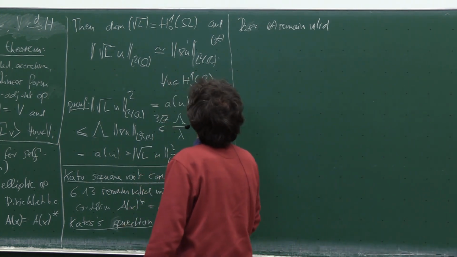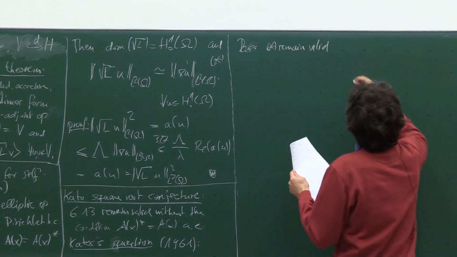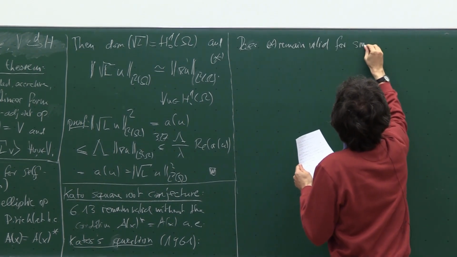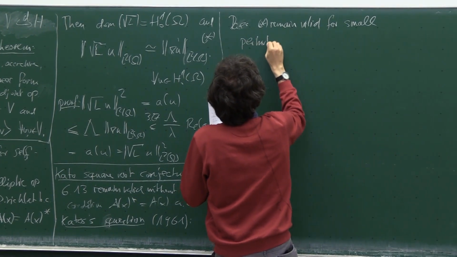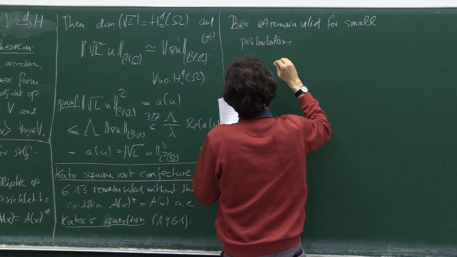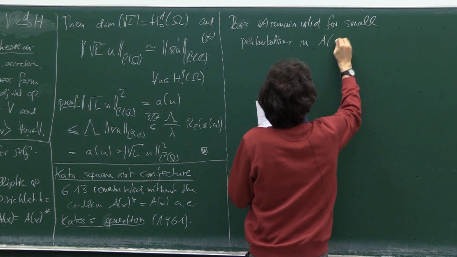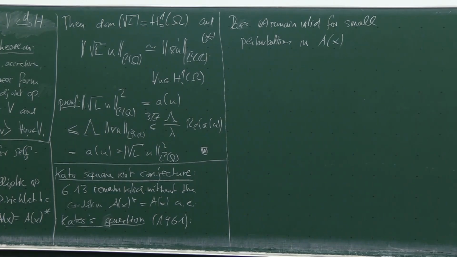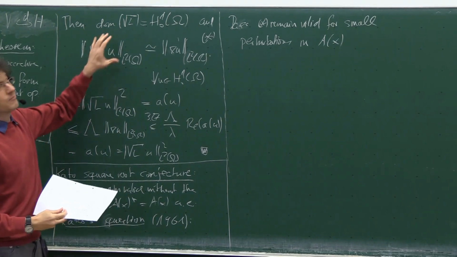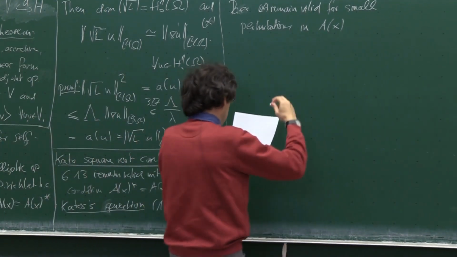In fact, what he was interested in was small perturbations of the self-adjoint case. So you have this coefficient, and you perturb it a little bit, and he wanted this property to be stable under perturbation. What does that mean?